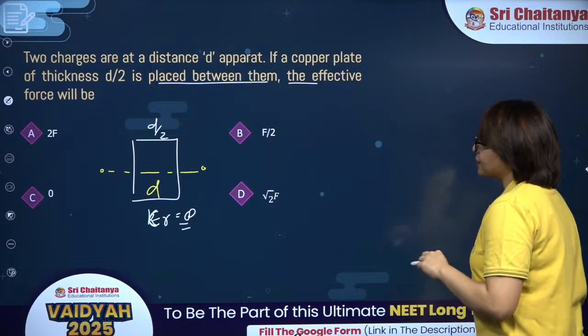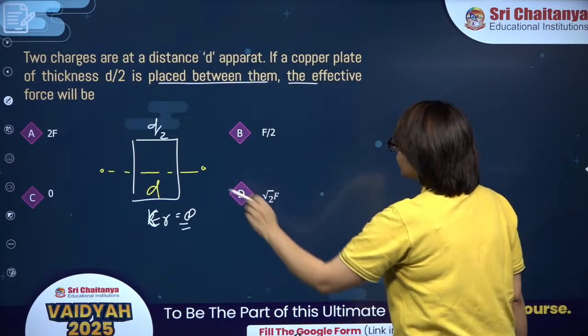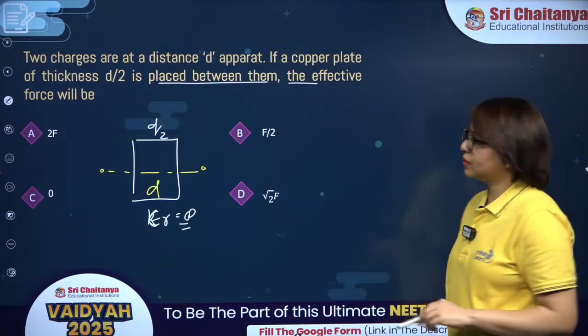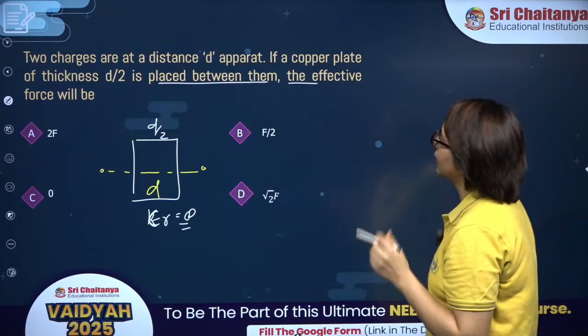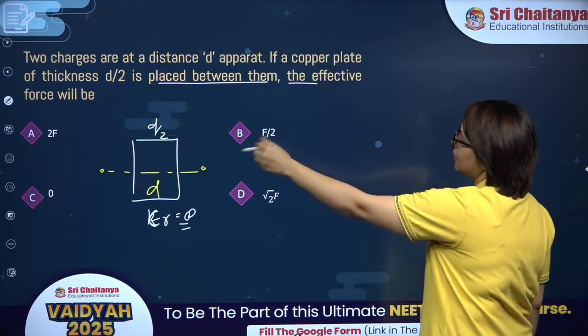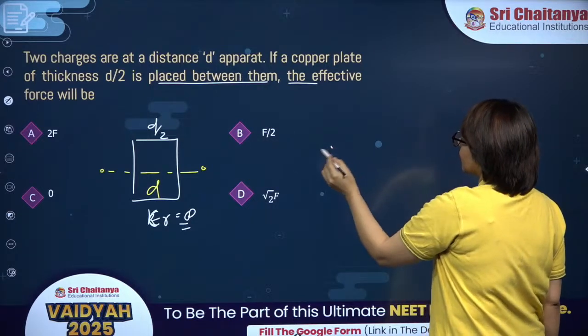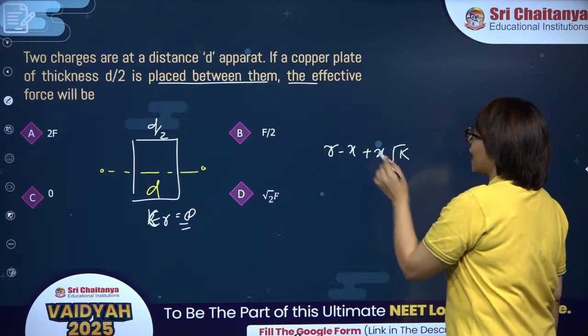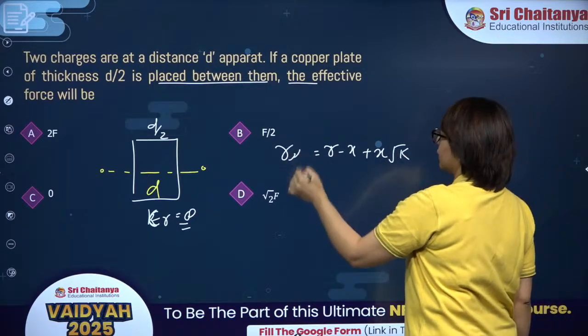So, if epsilon r is infinite, when it will go into the denominator, the total force will be 0. The total force will be 0, right? So, effective distance with some plate in between is r minus x plus x root k. This is what we have as r effective.